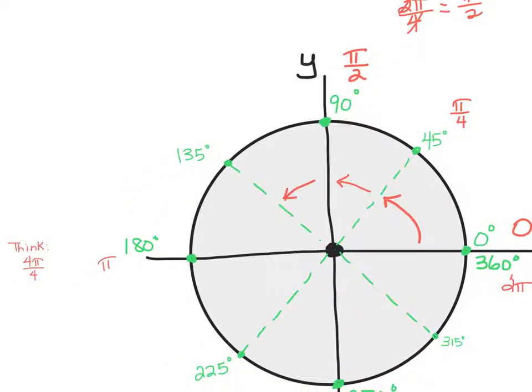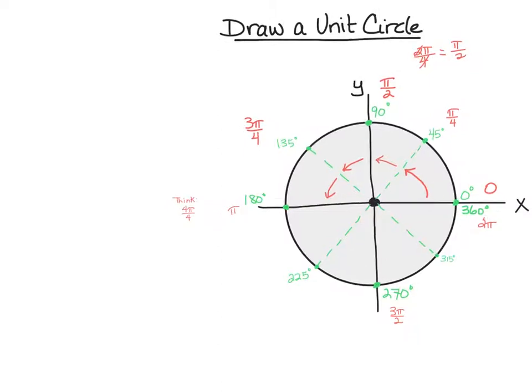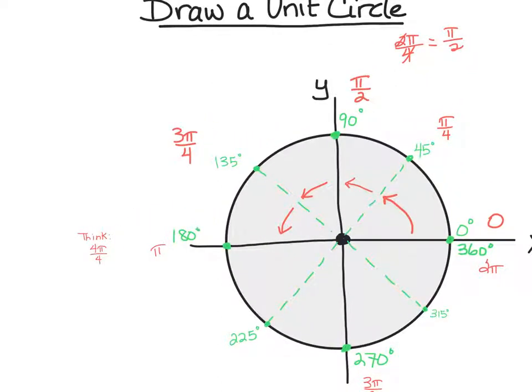Now if you go another fourth, that's going to give you 3 pi over 4. The fourth then gets you to the 4 pi over 4 that we talked about a minute ago.